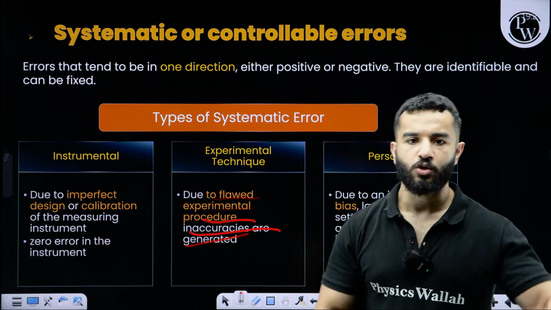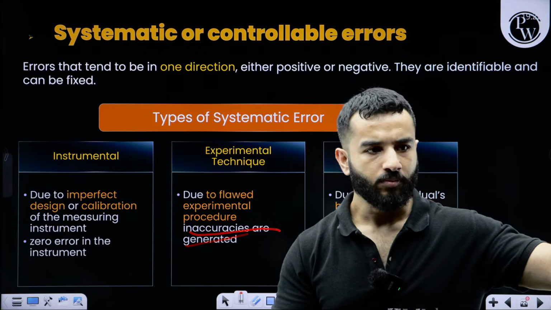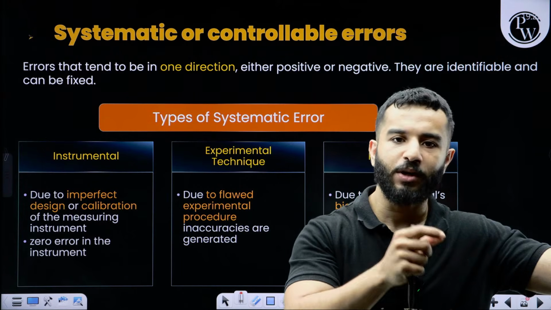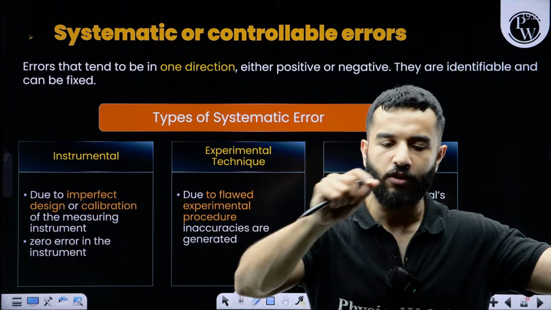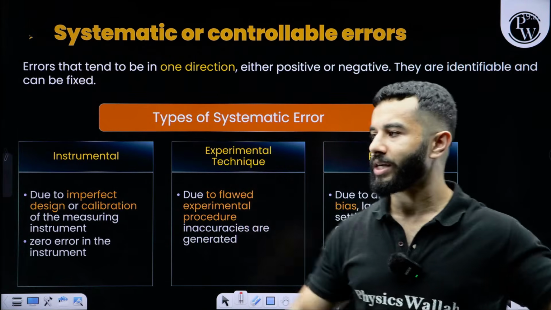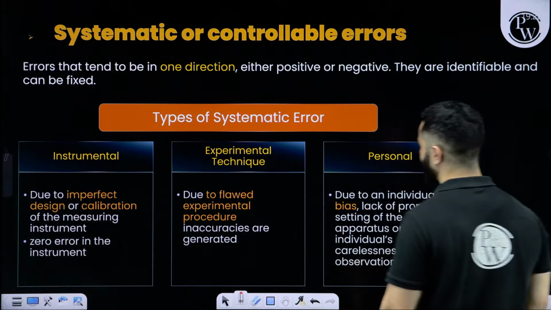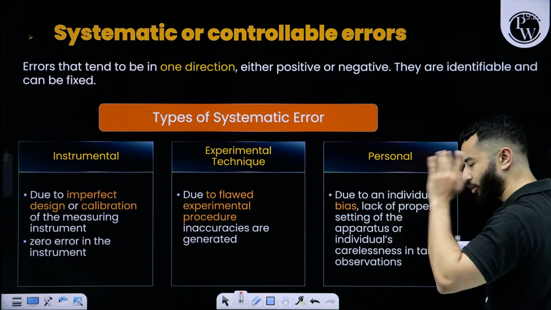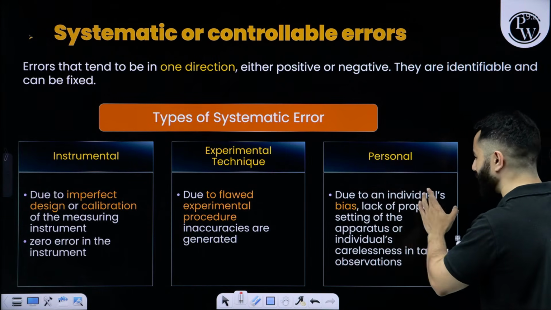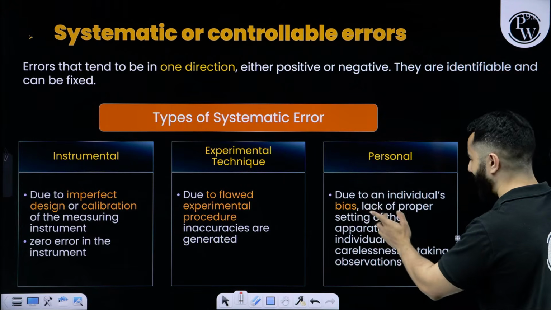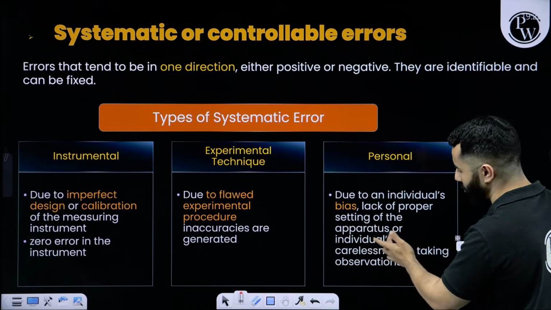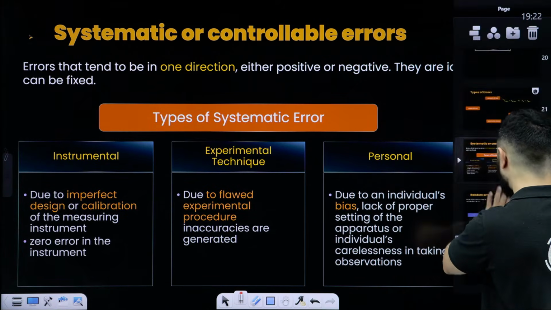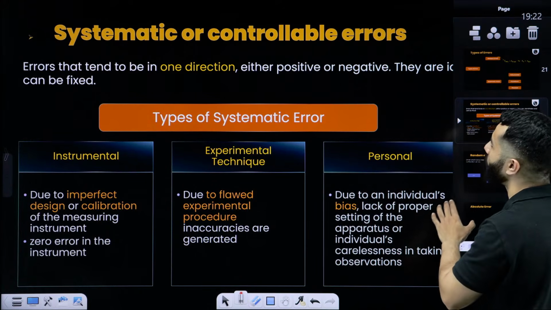That means you have not arranged the procedures or equipment correctly. Then you can have personal error. It's not that important, but read it once and you can remember it. Due to an individual's bias, lack of proper setting of the apparatus, or individual carelessness in taking observations, this is known as personal error. This also comes under systematic or controllable errors.